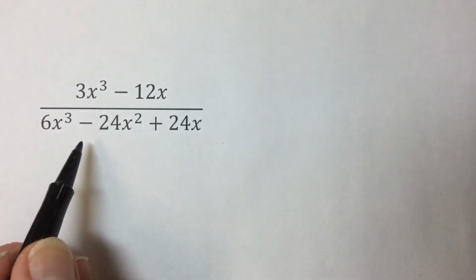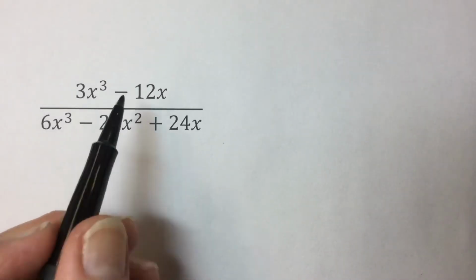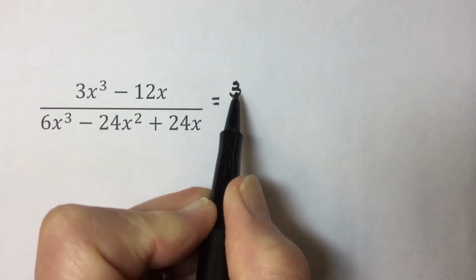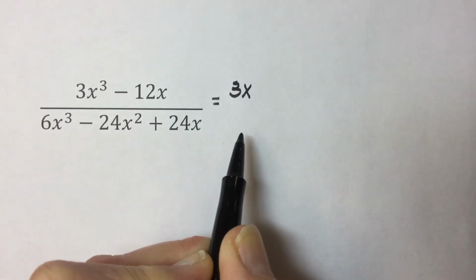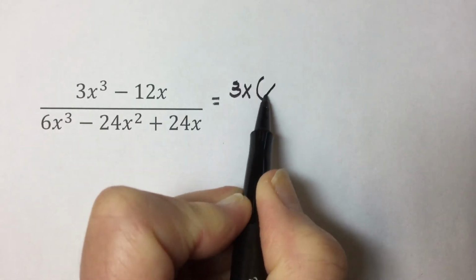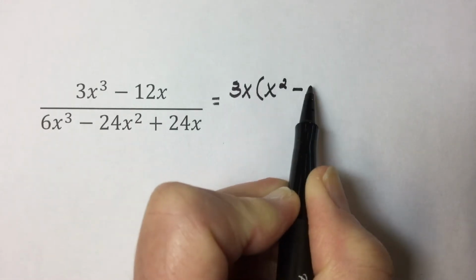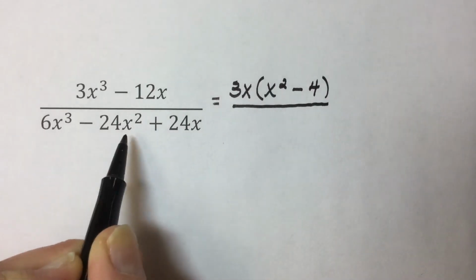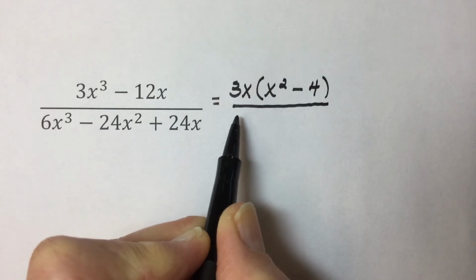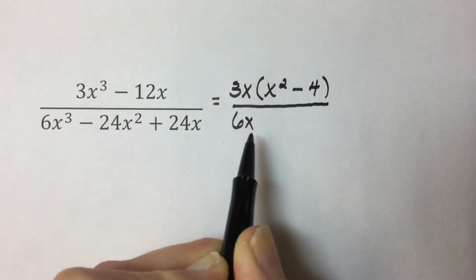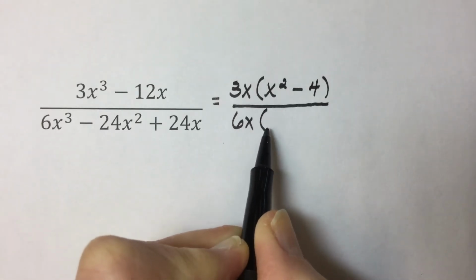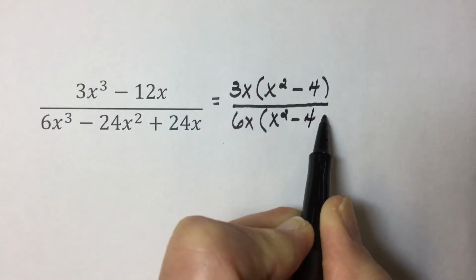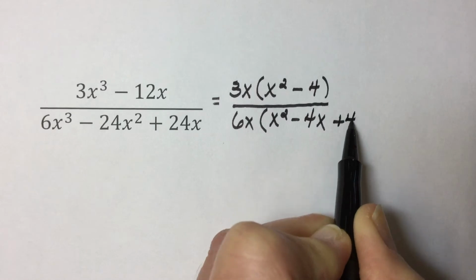So before we simplify, we need to factor the polynomial in the numerator, and it involves a greatest or largest common factor of 3x, leaving x squared minus 4. In the denominator, the greatest common factor is 6x. Factoring out a 6x from each term leaves x squared minus 4x plus 4.